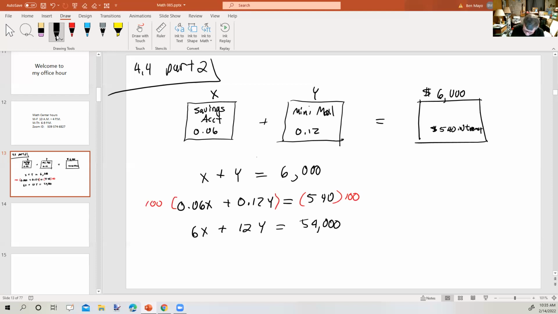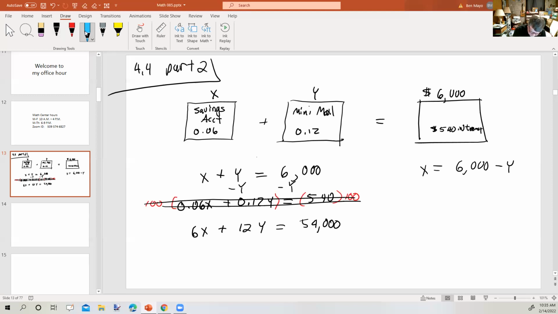Okay, so I'm going to use that to replace that original equation with decimals. Then I'm going to take the top equation and I'm going to solve it for one of the variables. Either one is fine. I think I'll solve it for x. So I'm going to subtract y from both sides. So x equals 6,000 minus y.